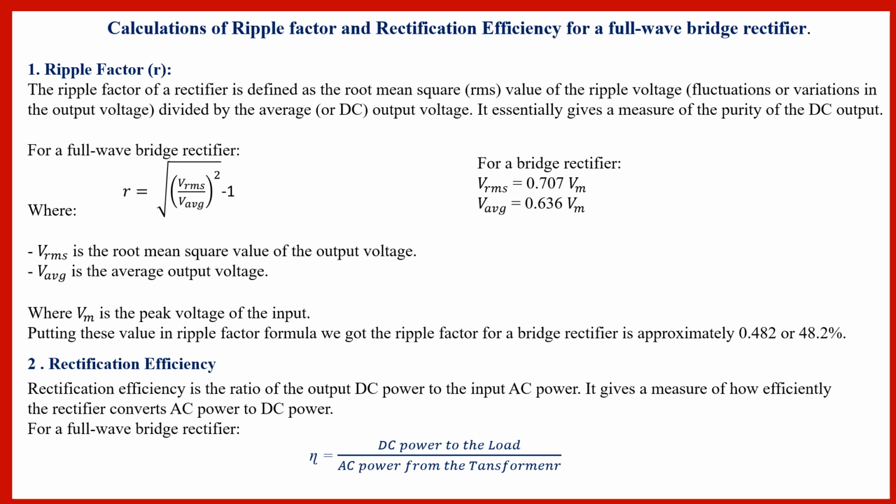If we take their ratio, we get the rectification efficiency. The efficiency of the full wave rectifier is better than that of the half wave rectifier, and for a rectifier to work better, its efficiency has to be higher.